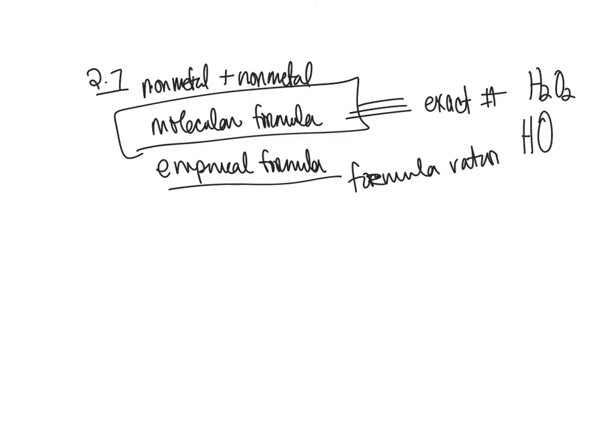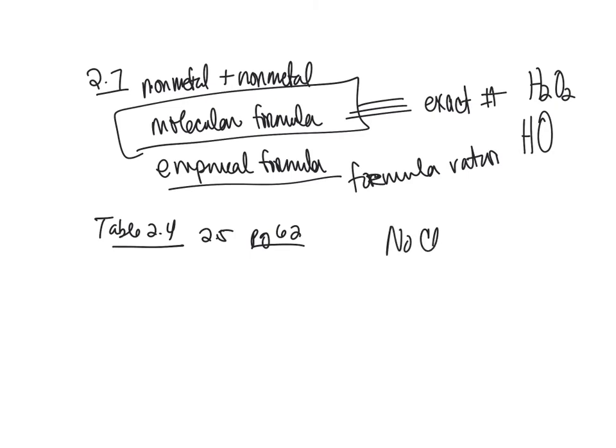Now, you do need to know your prefixes. So I'm looking at tables 2.4 and 2.5 on page 62. Make sure you memorize those prefixes with how many, because now we're not doing charges.